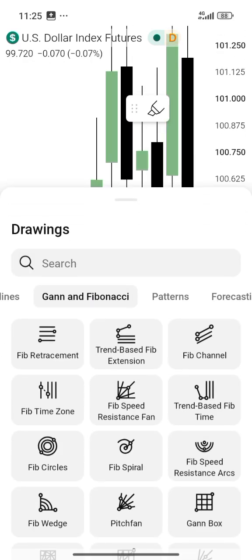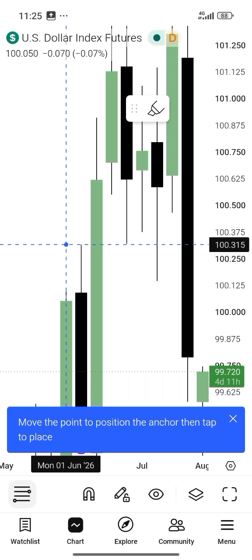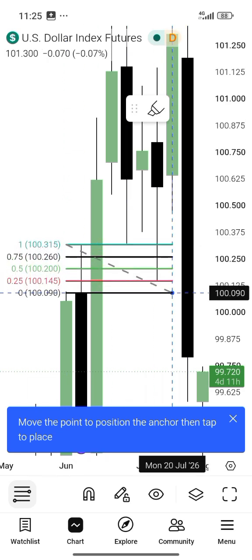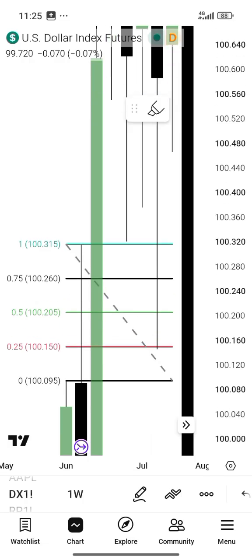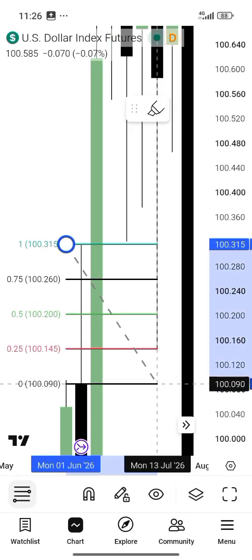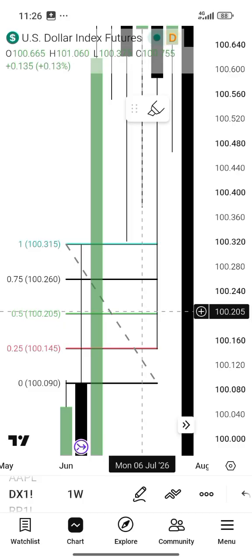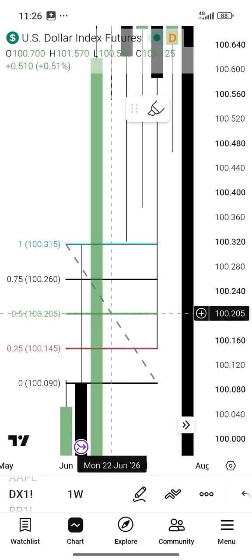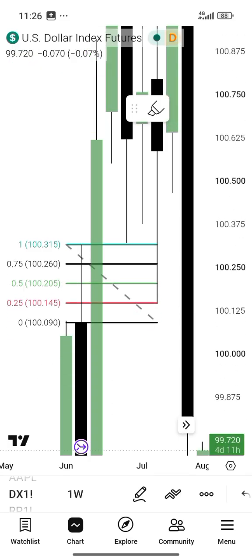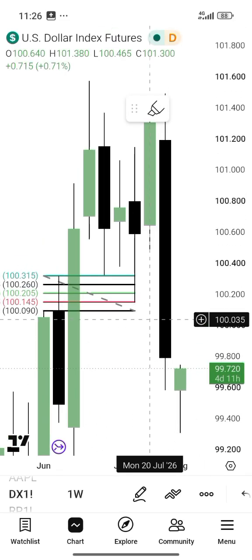And you can clearly see price came back and used the 50%. Right there, and you can see price bought from there.